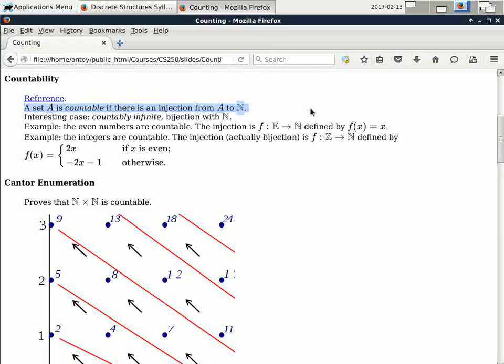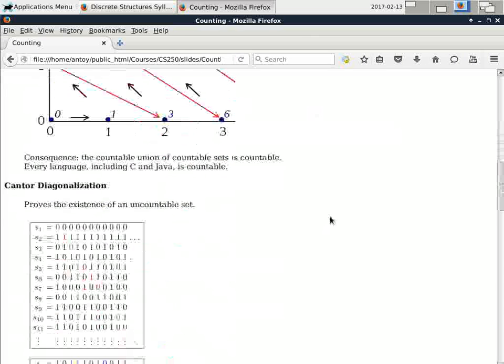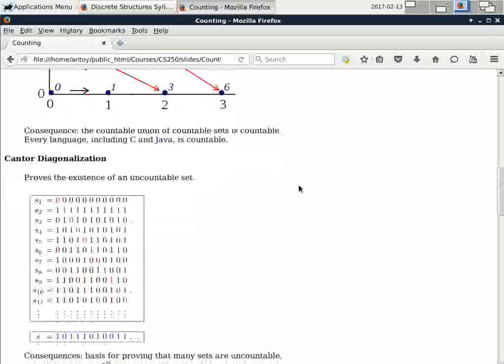So the question is, is there anything that is not countable? And actually there is. And I will show you very quickly that there is something which is not countable. So something that is not countable is the set of all the infinite strings over 0 and 1.